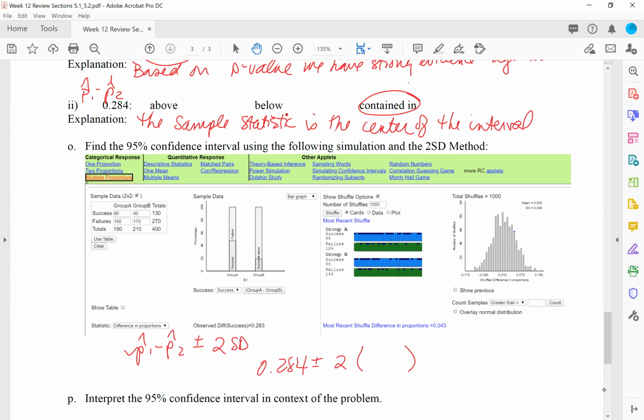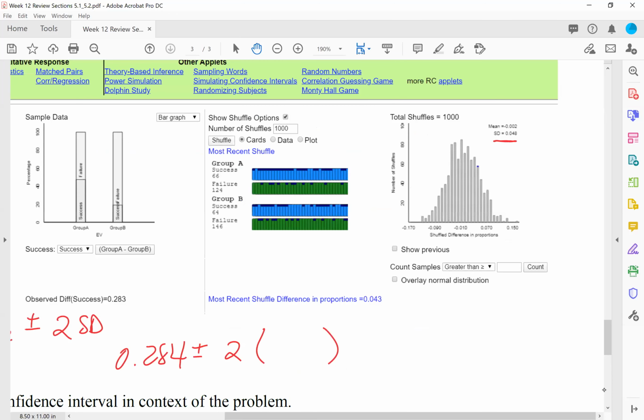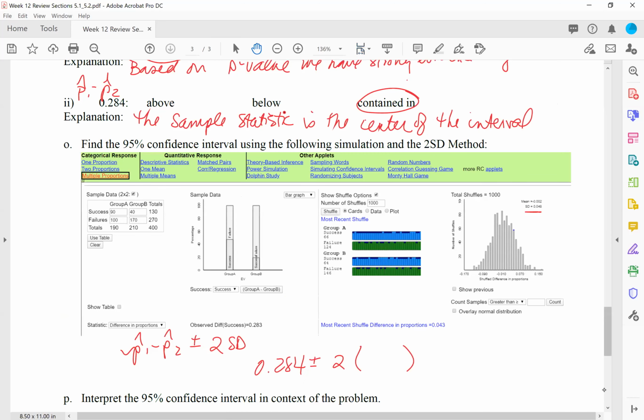And what's the value of the standard deviation of the null? 0.048, right? Yep, 0.048 comes from right there, from our null distribution. So we put in the 0.048. That gives me 0.188 to 0.380 for my confidence interval.